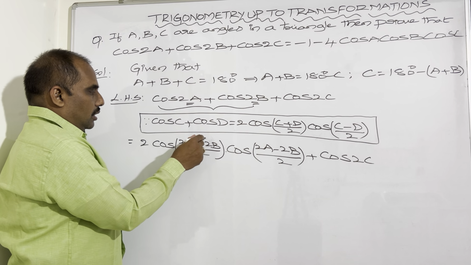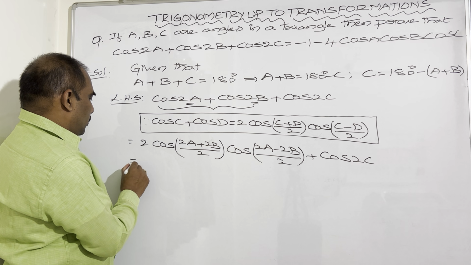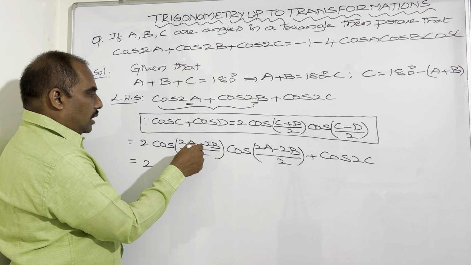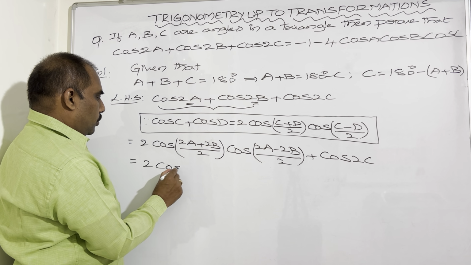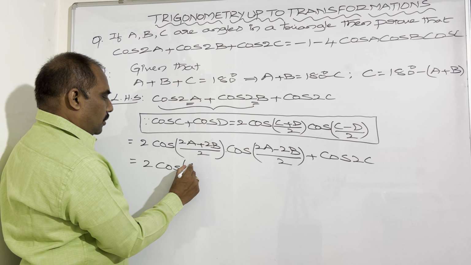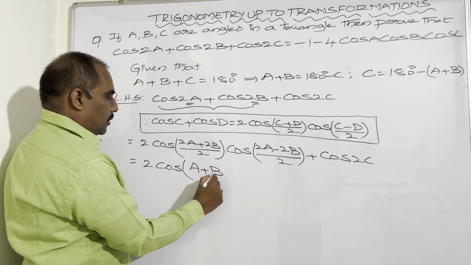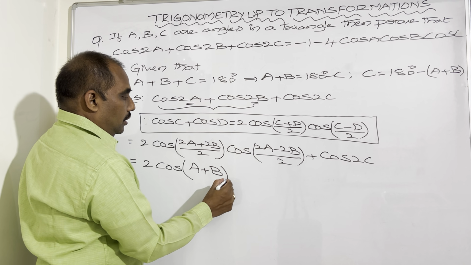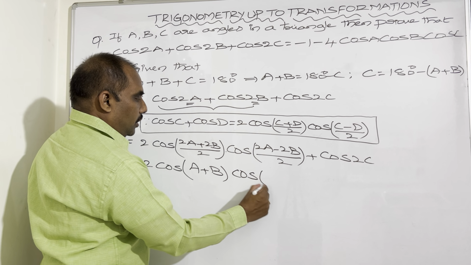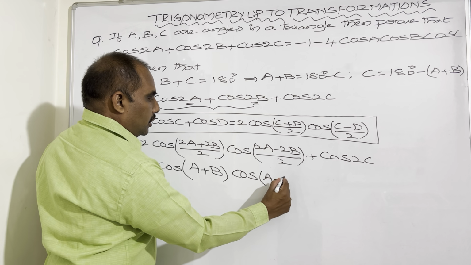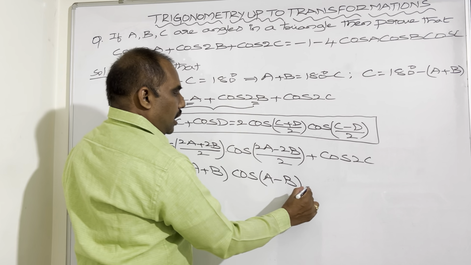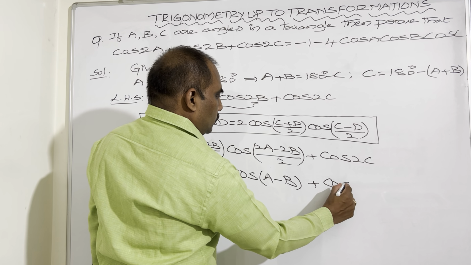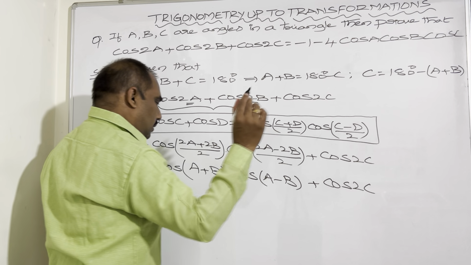Now in the numerator, if you take 2 common, the 2 in the numerator and denominator gets cancelled. We get 2 cos of (A plus B), and similarly here also we get cos of (A minus B), and plus cos 2C as it is, writing the third term.